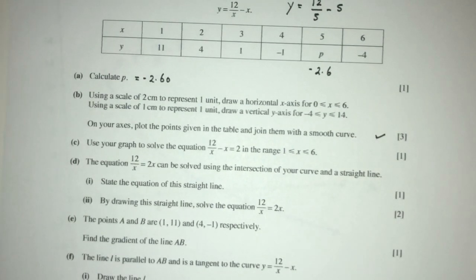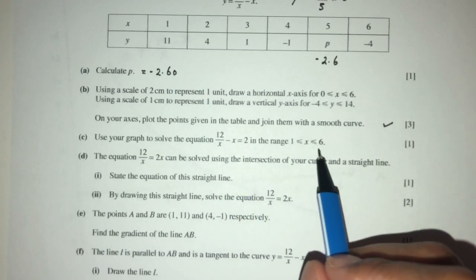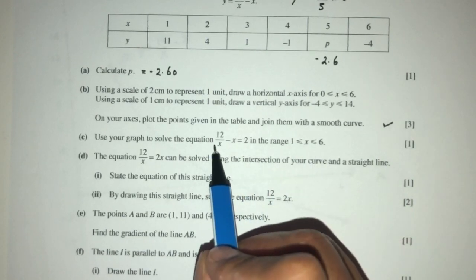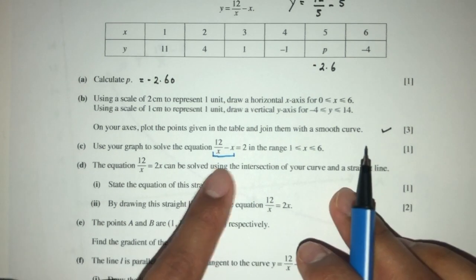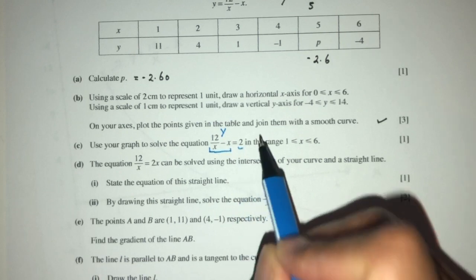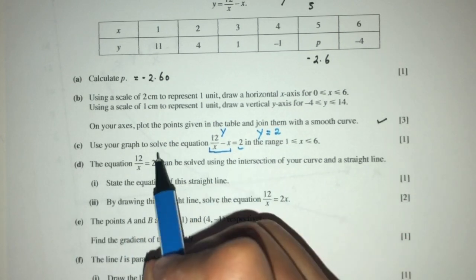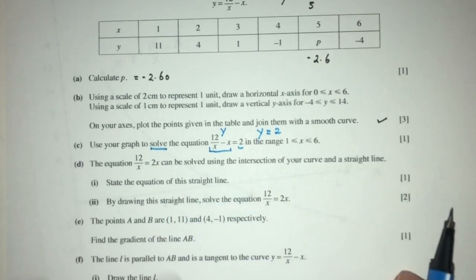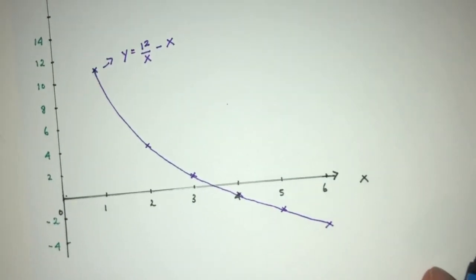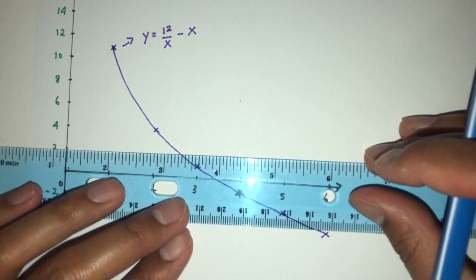So part C, we have to use the graph to solve this equation. One thing we have to realize is that this is the same as y, so we have to draw y equals 2 to find the solution. Let's draw this line. Y equals 2 is a horizontal line right here.